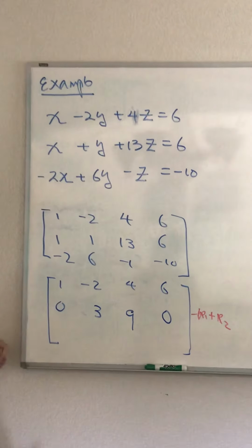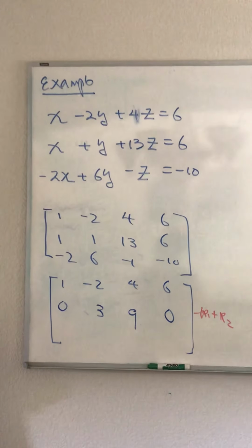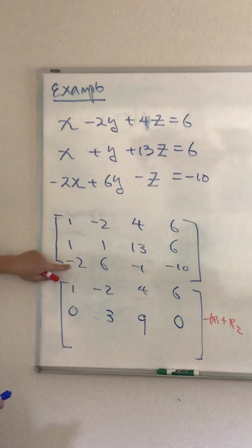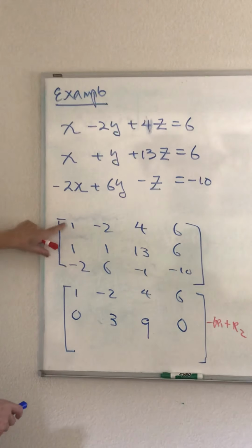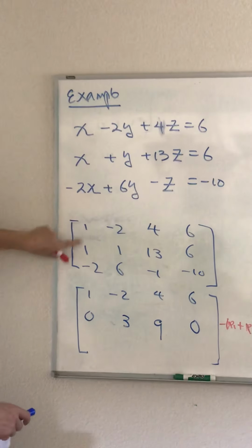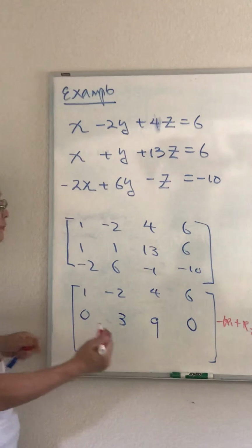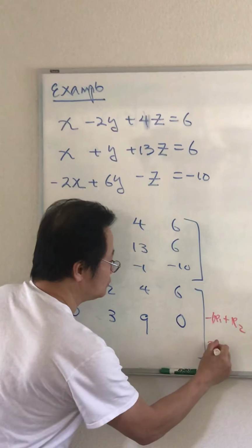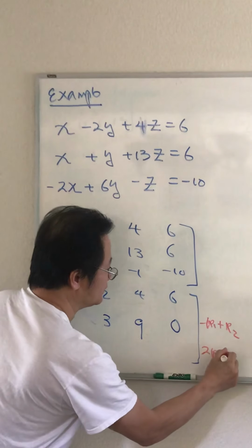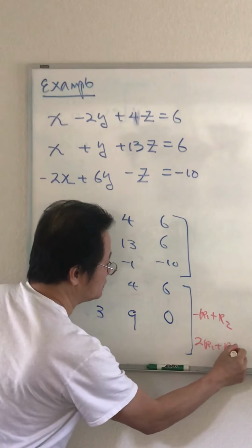Nice. Okay. So next, I'm going to make that a 0. So it looks like 2 times 1 plus negative 2 will be 0. Therefore, my step is going to be 2 row 1 plus row 3.